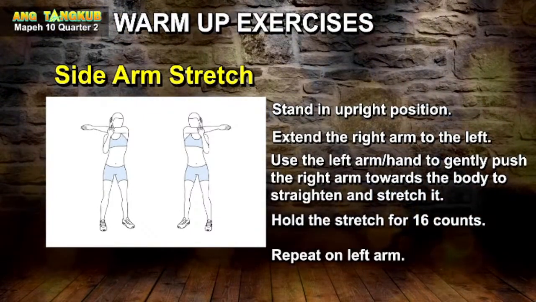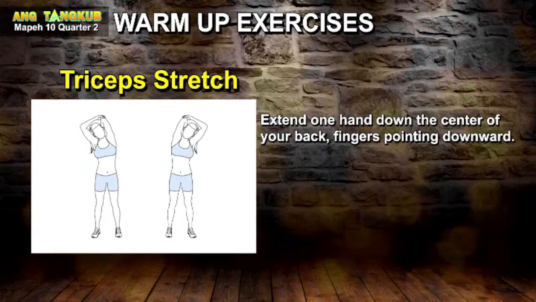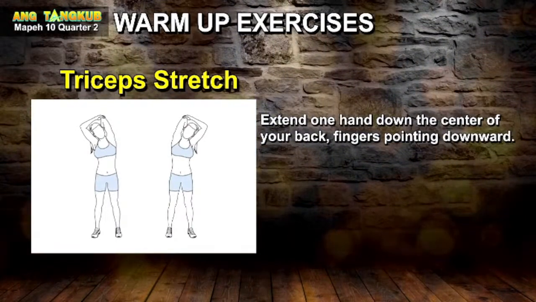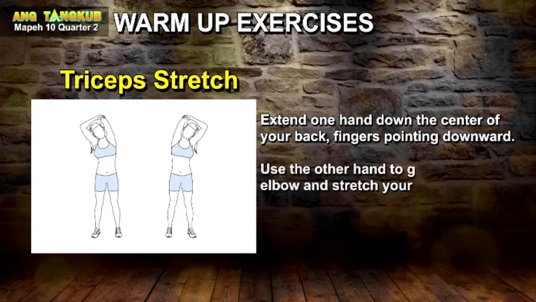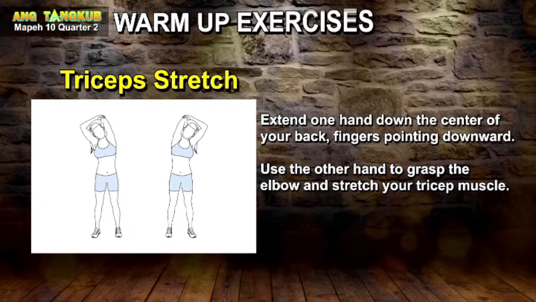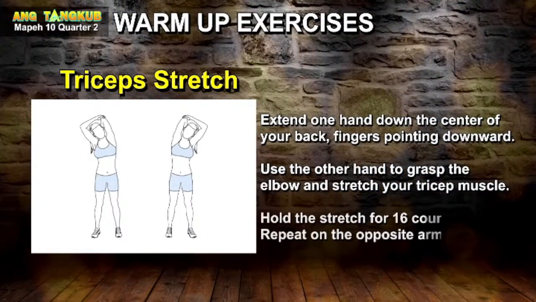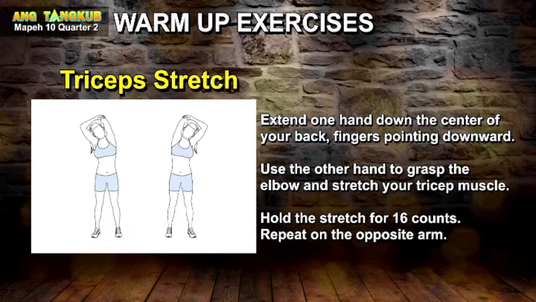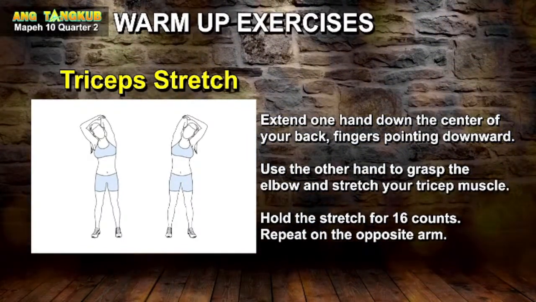Repeat on the left arm. Triceps stretch. Extend one hand down the center of your back, fingers pointing downward. Use the other hand to grasp the elbow and stretch your triceps muscle. Hold the stretch for 16 counts. Repeat on the opposite arm.